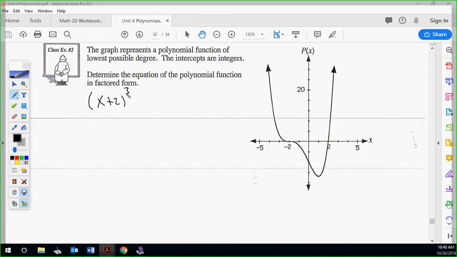And then this is a straight through. So that means this one would be x minus 2 just by itself. Now the thing we don't know in this case is still c, right? We don't know if there's a leading coefficient.